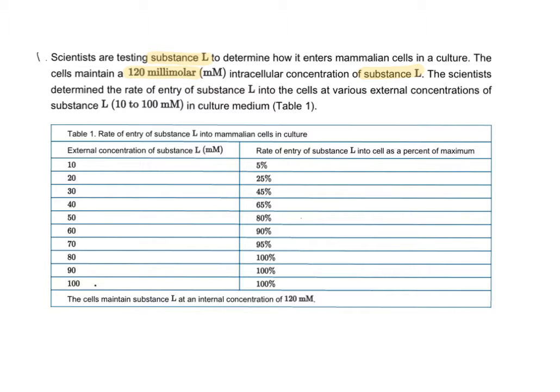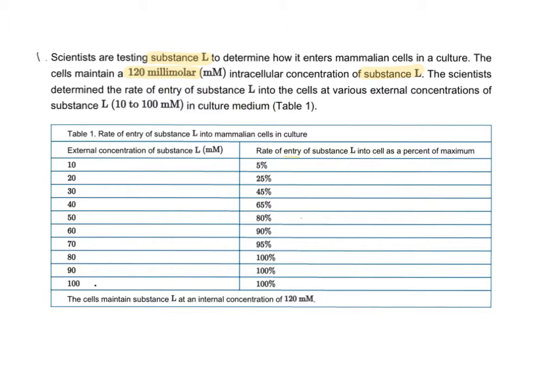The scientists determined the rate of entry of substance L into the cells at various external concentrations of substance L in culture medium. Okay, so they're placing these cells that have this specific concentration into different environments that have different concentrations of that substance. So this is all about how a substance is moving across the membrane, and we're measuring how fast it enters the cell.